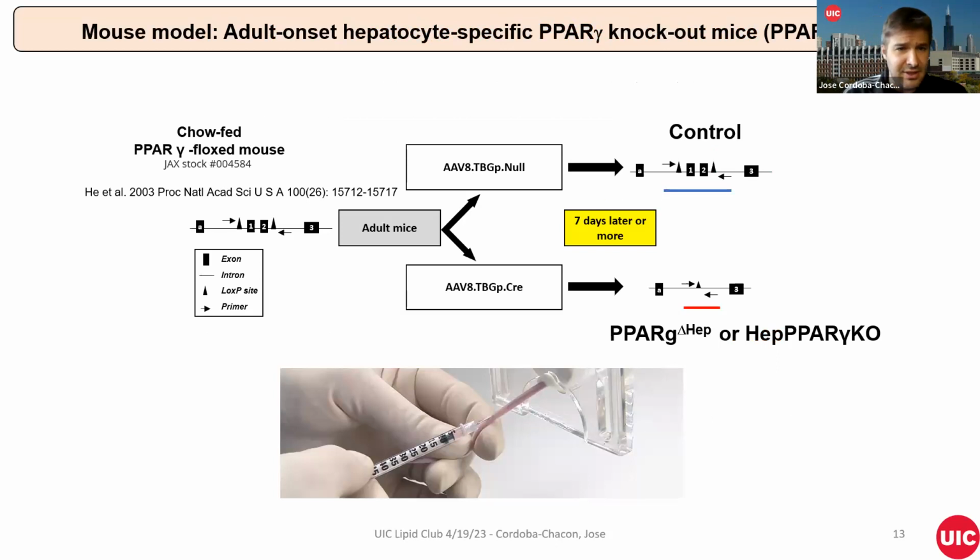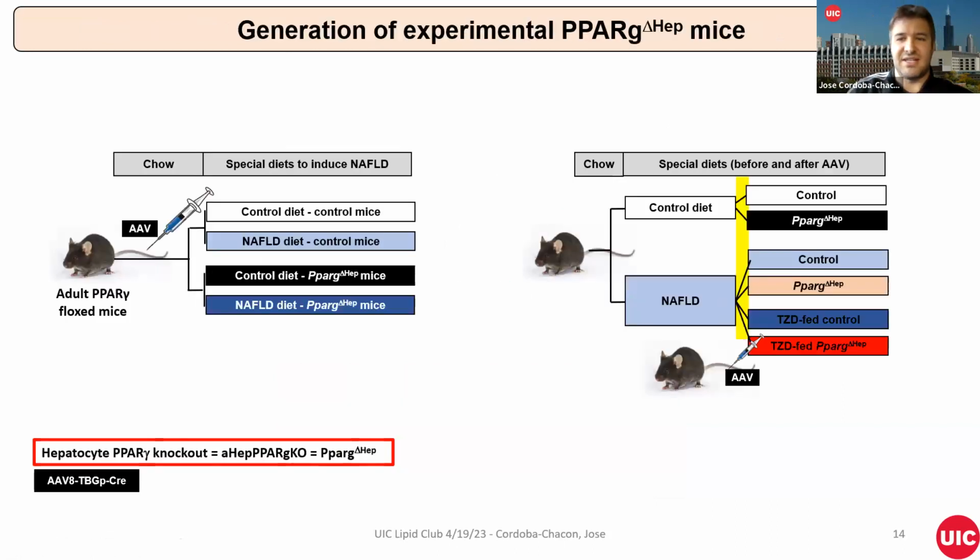And to obtain this specific knockout, we inject adeno-associated viruses, the AAV8, that are going to go to the liver and express Cre recombinase under the action of this promoter that is specific for the hepatocytes, the thyroxine binding globulin promoter. So these vectors are injected in the PPAR gamma flox mice, and this ends up knocking out the expression of PPAR gamma in hepatocytes, and that one is permanent.